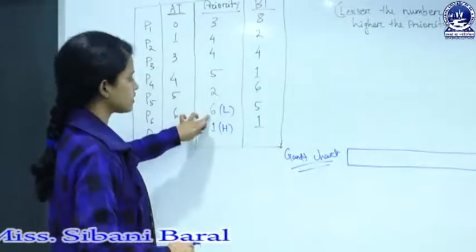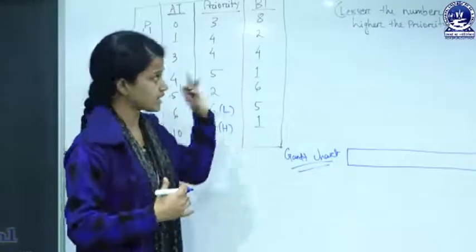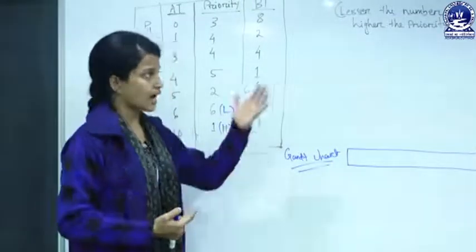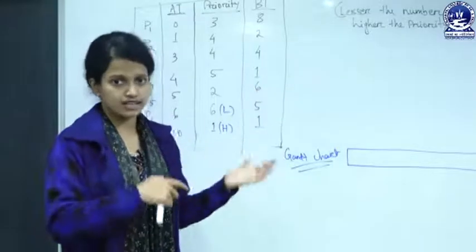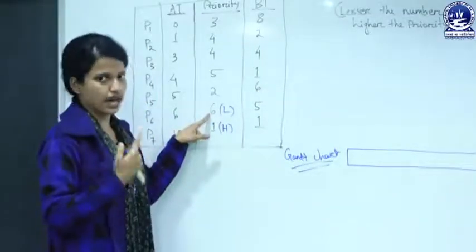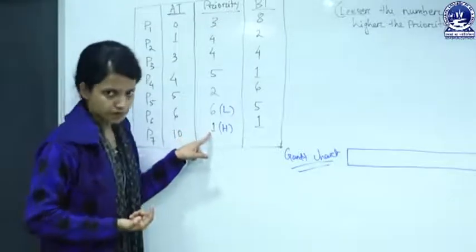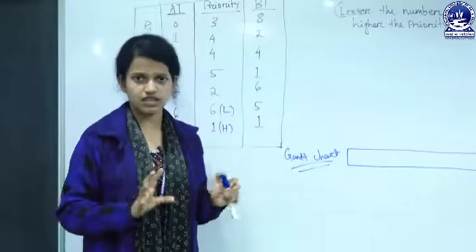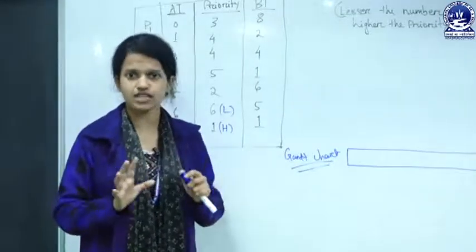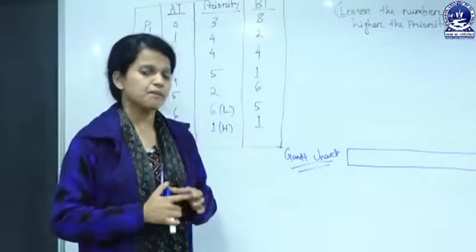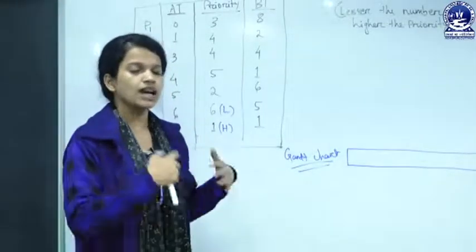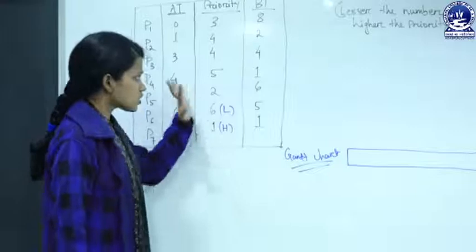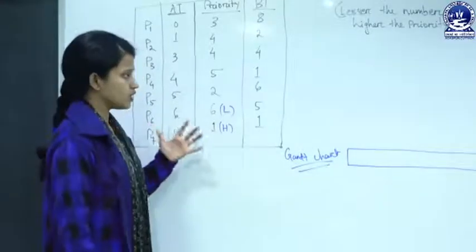Sometimes the question says higher the number, higher the priority, and at that moment 6 is the higher priority and 1 is the lower priority. But if no assumption is given in the examination or question, then by default we take lesser the number, higher the priority. Based on this we will solve the numerical.